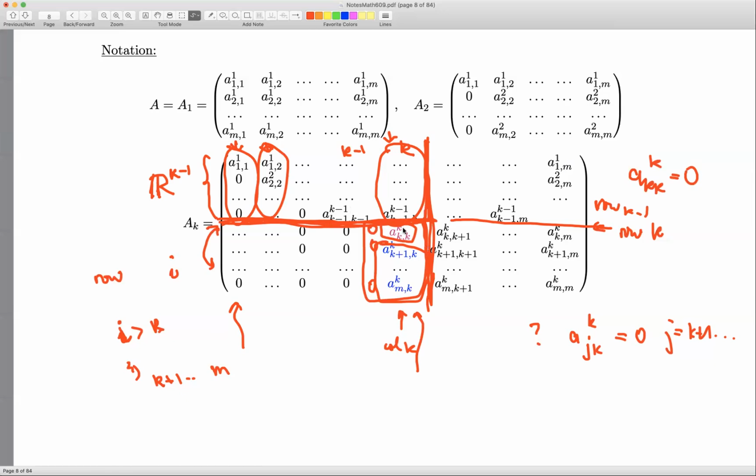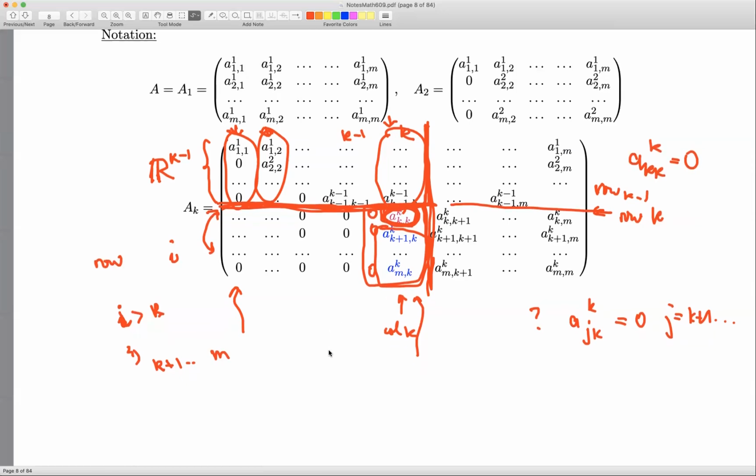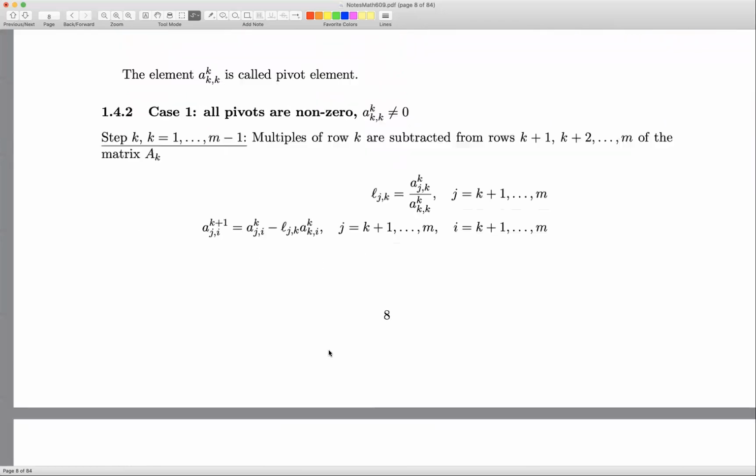Therefore, what we assumed is not correct, and we ended up with a contradiction. So if the pivot element is equal to 0, there will be at least one of the blue entries that is different from 0.